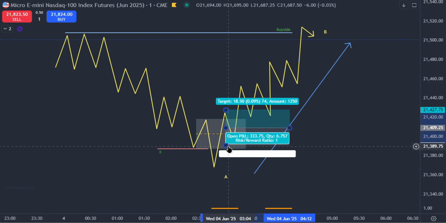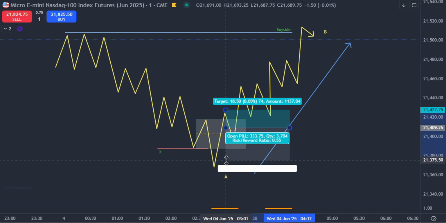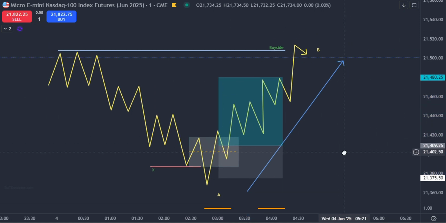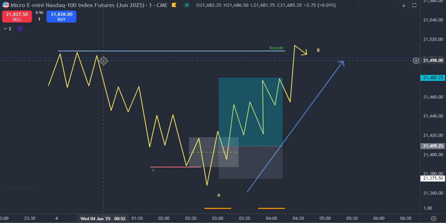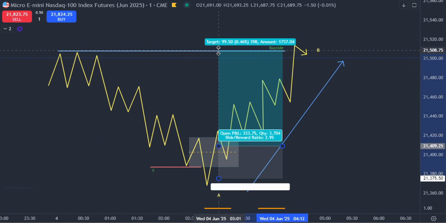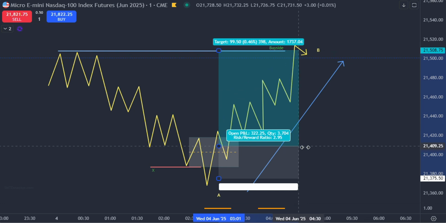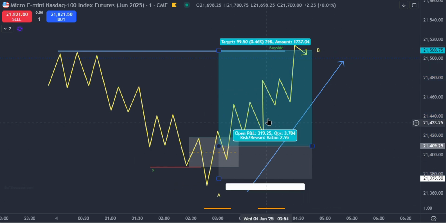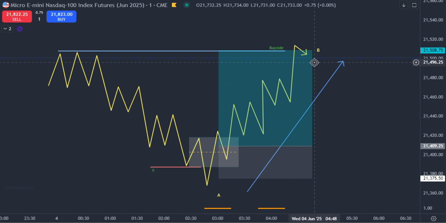And then you can just look for your 1 to 2. Take your partials. And then you know the hourly highs are up here. And that would complete your market maker buy model.